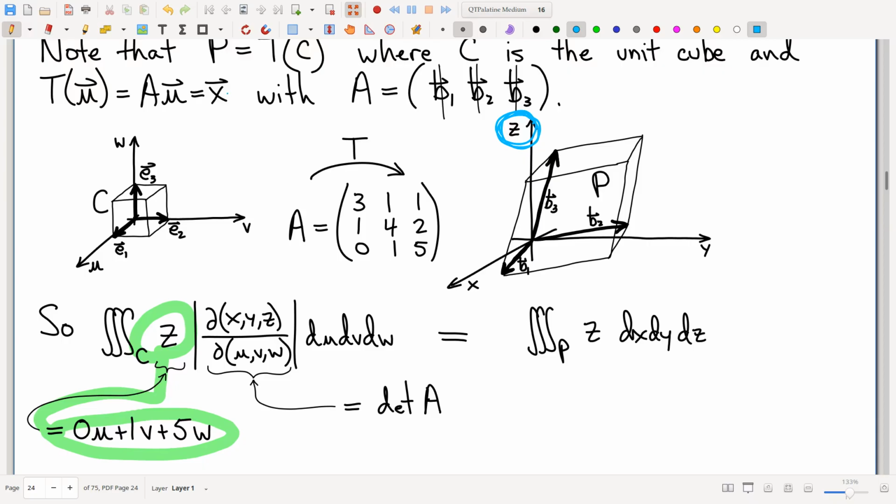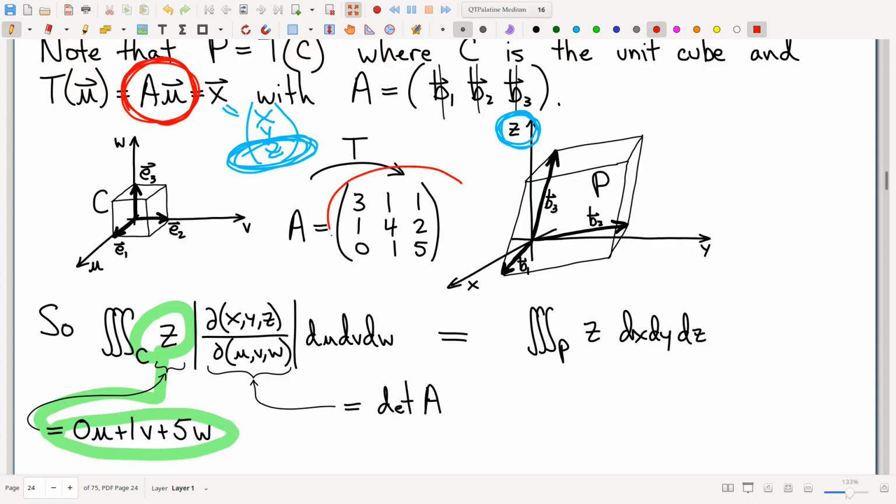So it's the third vector in this list here: X, Y, Z. I'm looking for the third output that I get when I multiply A times UVW.